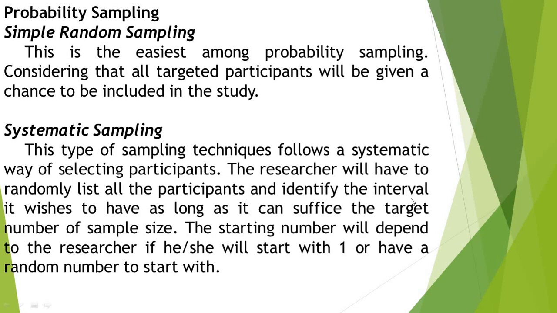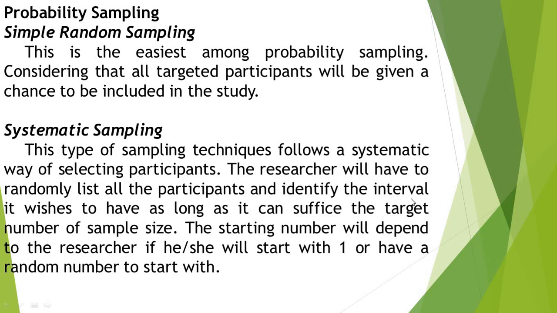Whereas systematic sampling follows a systematic way of selecting participants. The researcher will randomly list all the participants and identify the interval it wishes to have, as long as it can suffice the target number of the sample size. So you will list randomly the names.